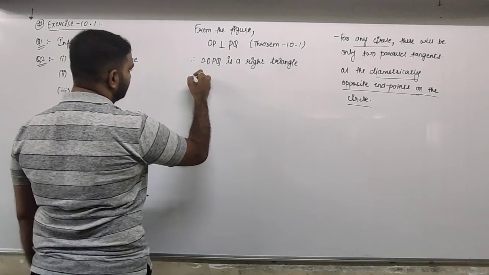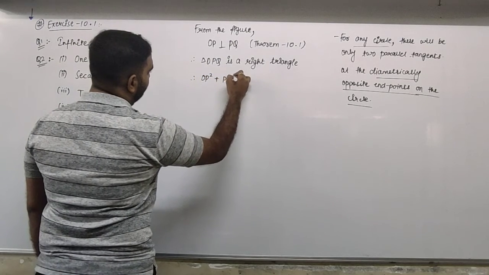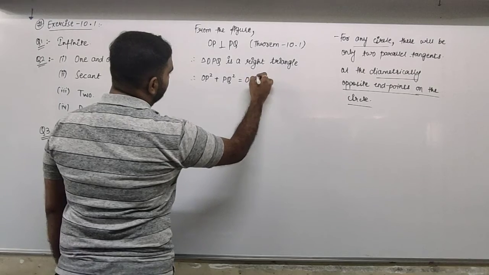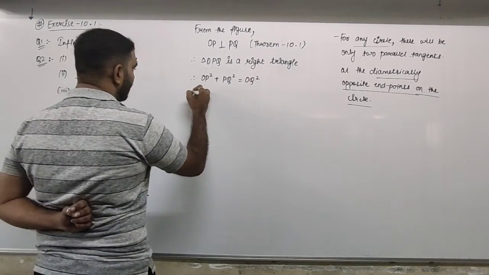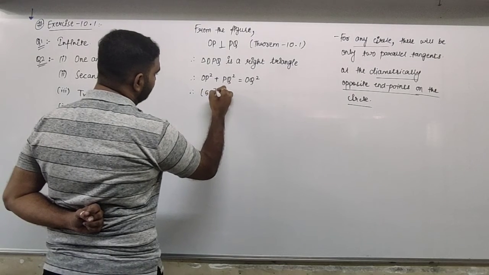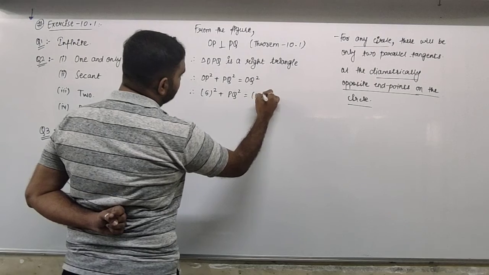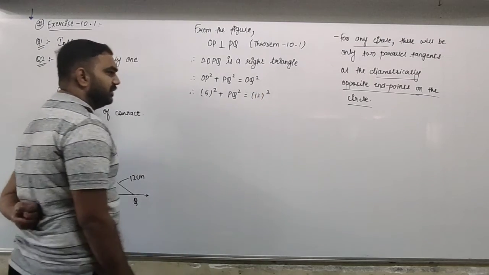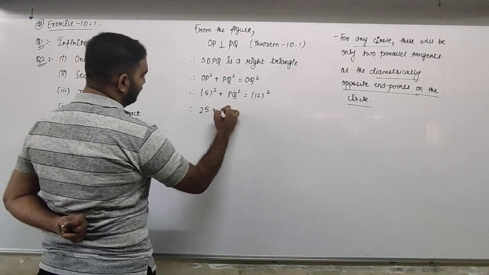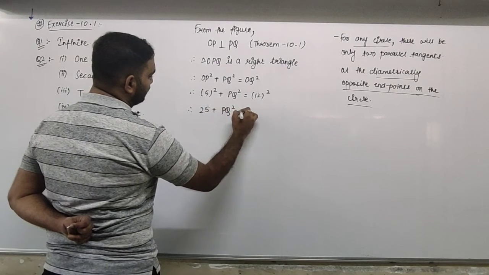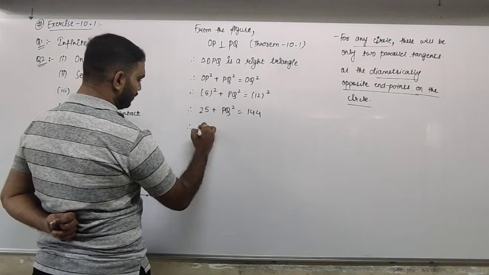Hence, OP square plus PQ square is equal to OQ square, by Pythagoras theorem. OP is given 5, whole square, plus PQ square is equal to OQ given 12, whole square. Therefore 25 plus PQ square is equal to 144.